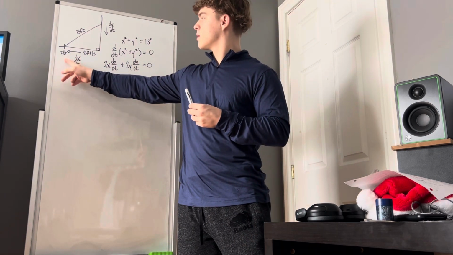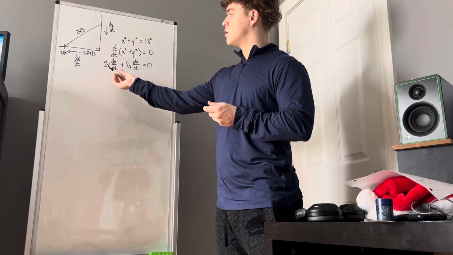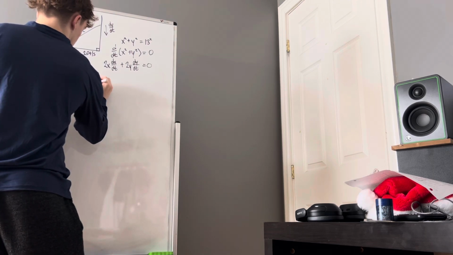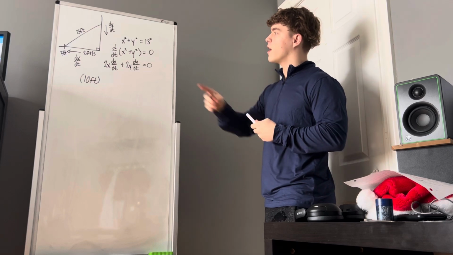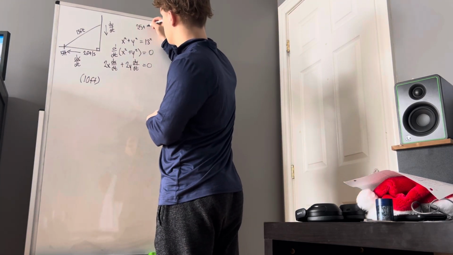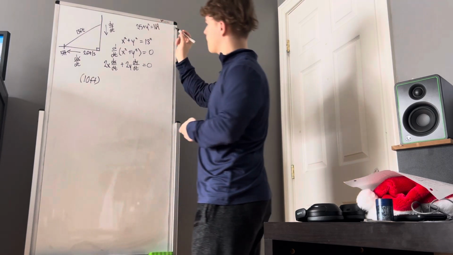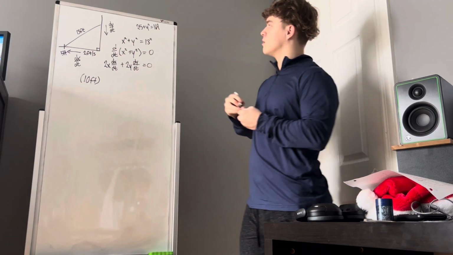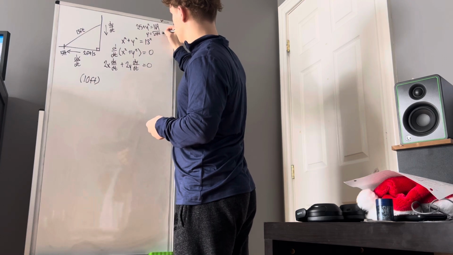Well, x is 5 feet, so we have 2 times 5, that's 10 feet. Y, well, we can find y here. We have 25 plus y squared equals 169. That gives us y squared, or y equals root 144, which is just 12.